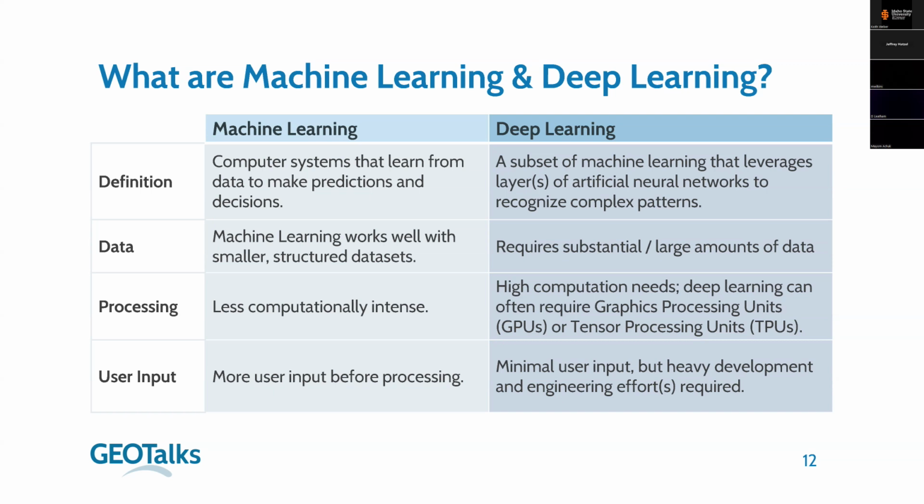The deep learning side of things is really considered a subset of machine learning. And this is where we start to see the leverage of incredibly large or substantial amounts of data. Deep learning generally has much higher computational needs and requirements. These days, all the talk is about graphics cards and GPUs.